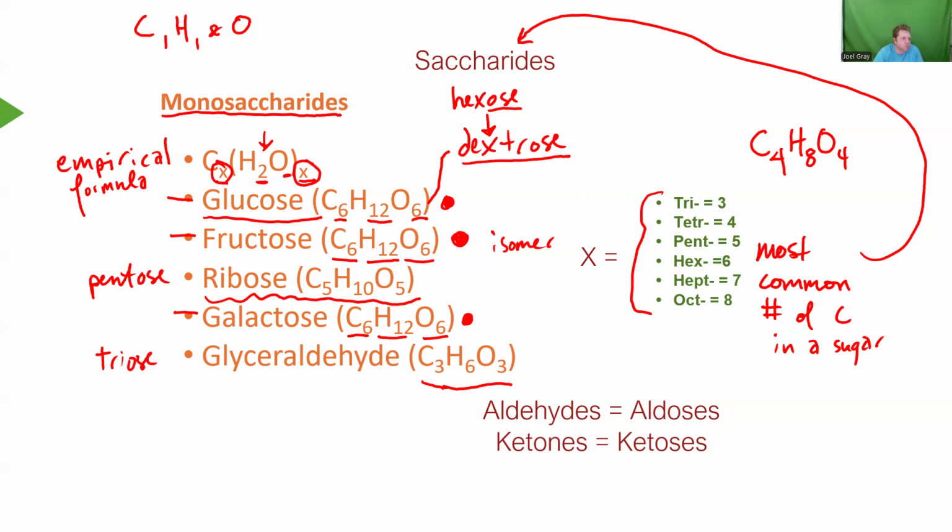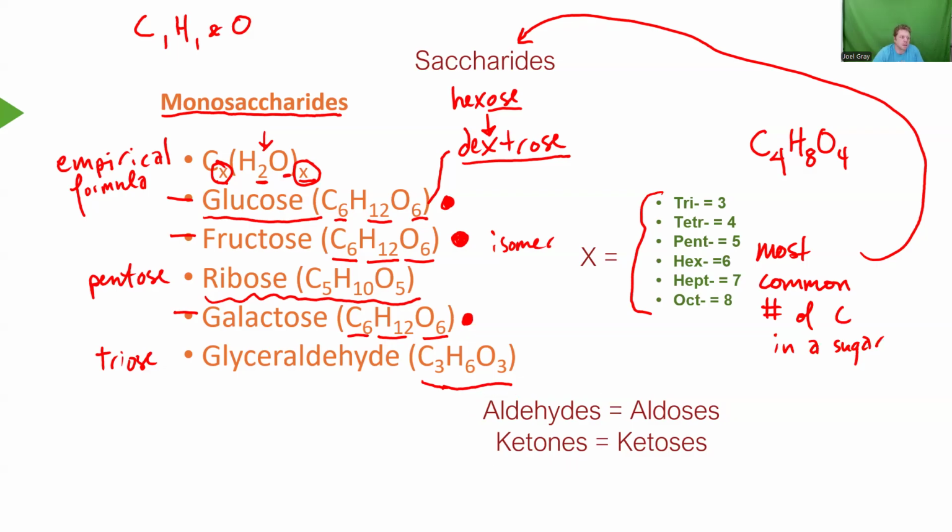Now, these last two terms at the bottom, aldehydes and ketones. Remember when we talked about organic functional groups? We talked about aldehydes and we talked about ketones. These terms are very important because that's actually how we classify sugars.